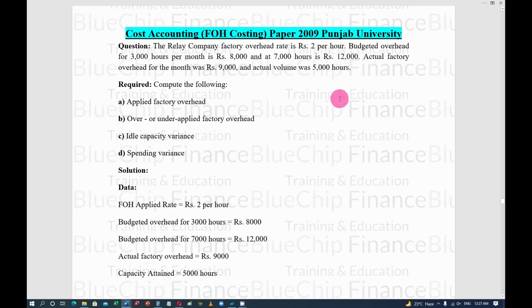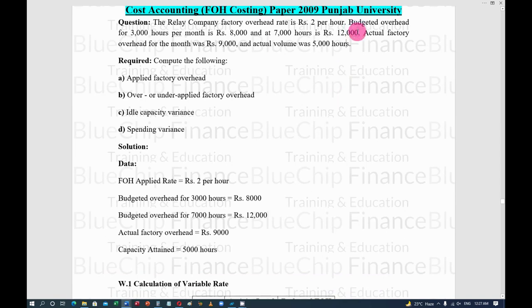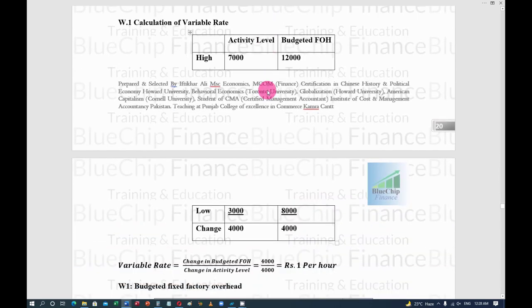For the calculation of variable rate, first we make a table for the high-low method. The highest activity level is 7,000 hours with 12,000, and the lowest activity level is 3,000 hours with budgeted FOH of 8,000. We note down these two activity levels and take the change. 12,000 minus 8,000 equals 4,000, and 7,000 activity level minus 3,000 activity level equals 4,000.